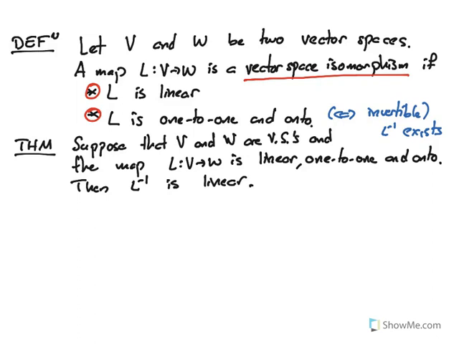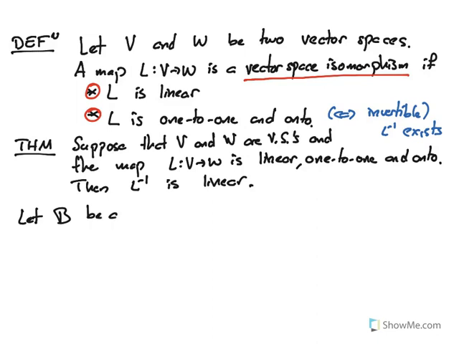And there's a close connection between vector space isomorphisms and invertible matrices. So to make this clear, let's introduce two bases.